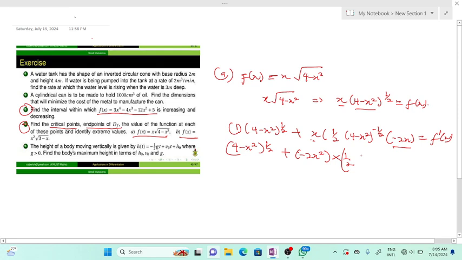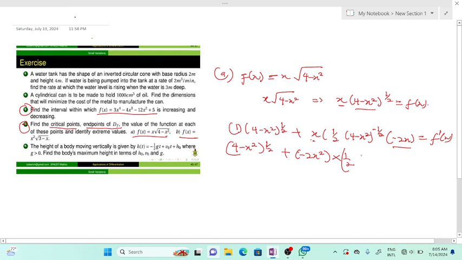So this half can take this 2 away nicely. Here is the same as square root of 4 minus x squared, so that becomes simpler, plus negative x squared over the square root of 4 minus x squared, as simple as that, is equal to f prime of x.